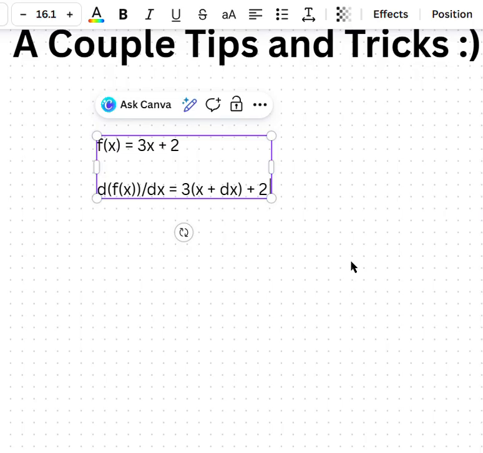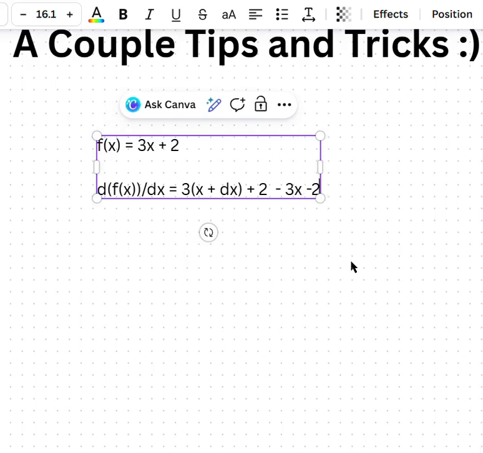Then we subtract from this 3x plus 2, so minus 3x minus 2. You would have to put brackets because 3x plus 2 is the entire function, so when you subtract it, you distribute the subtraction to 3x and to 2, so it becomes minus 2.